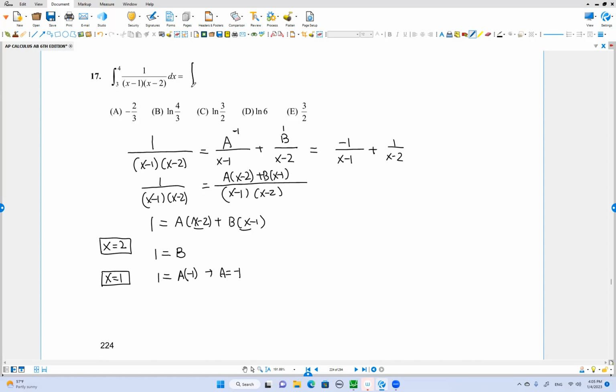Now this is the integral from 3 to 4. I'm going to write down the 1 over x minus 2 first, minus 1 over x minus 1 dx. Same thing. The integral of 1 over x minus 2 is what? ln of x minus 2, right?